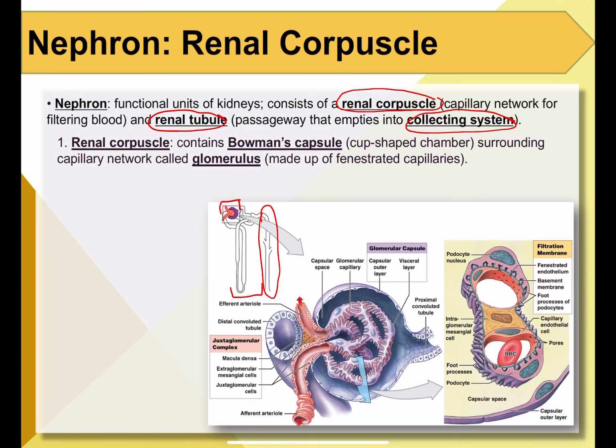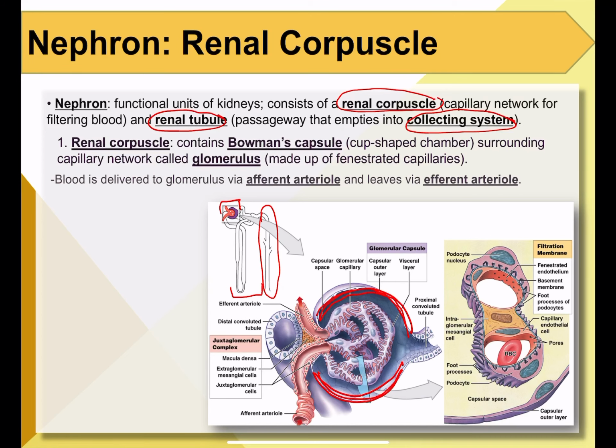So the renal corpuscle contains what's called the Bowman's capsule or glomerular capsule, which is this thing right here. So this whole thing is called the glomerular capsule or Bowman's capsule, acting as the outer layer that is made up of simple squamous epithelium.